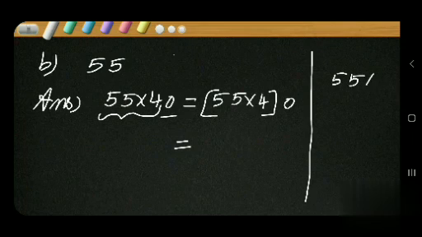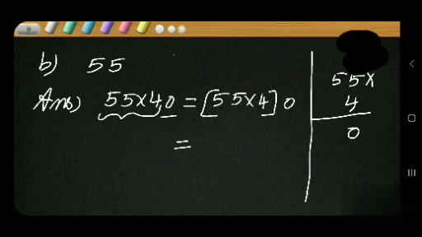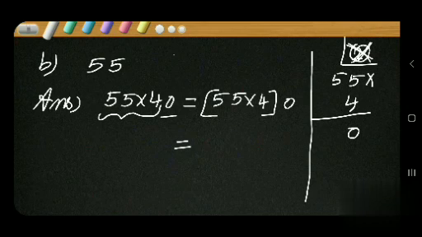55 into 4. 4 5s are 20. 0 here, balance 2 in the working column. This is a working column. And again 4 5s are 20, 20 plus this 2 is 22.